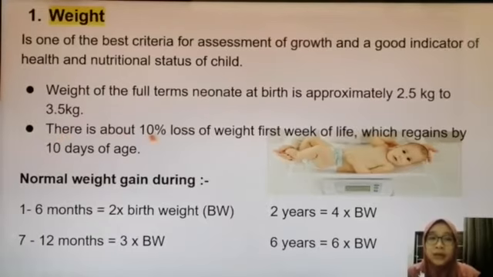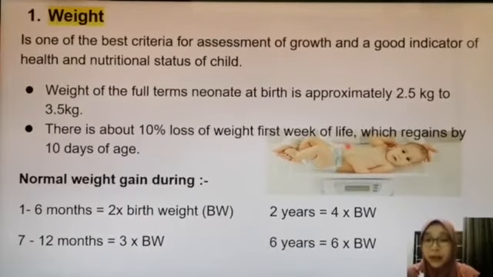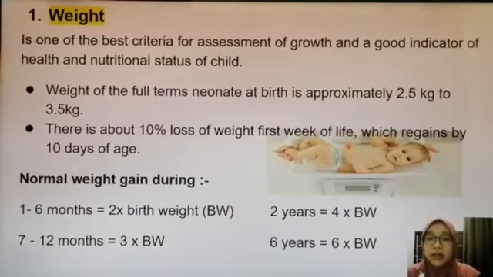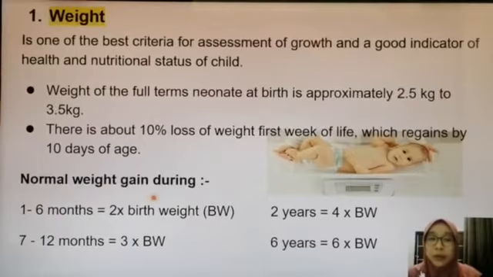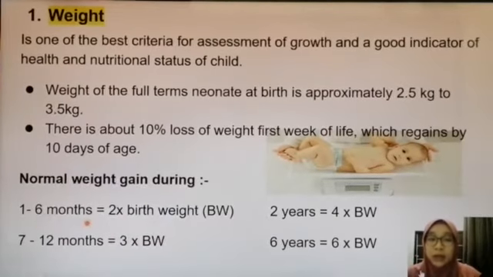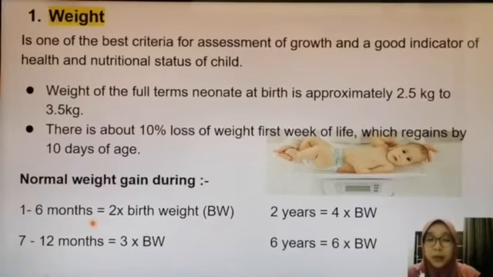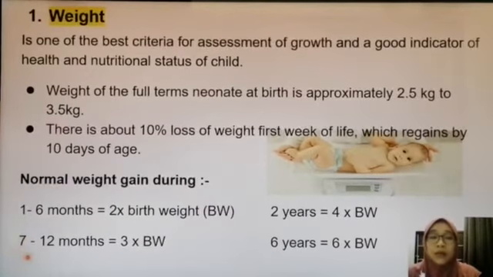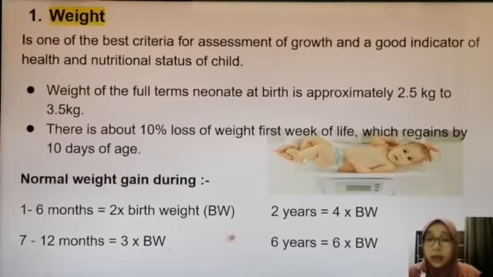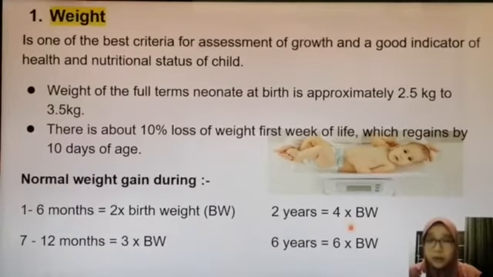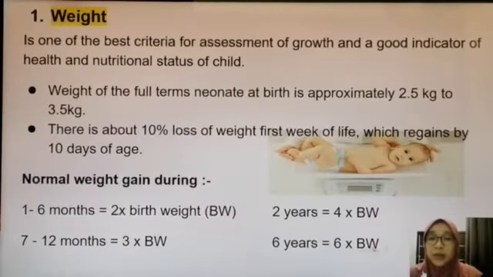There is about 10% loss of weight in the first week of life, which is regained by 10 days of age. This is the normal weight gain during 1 to 6 months. The baby will gain about 2 times their birth weight, for 7 to 12 months 3 times their birth weight, at 2 years old 4 times their birth weight, and at 6 years old 6 times their birth weight.